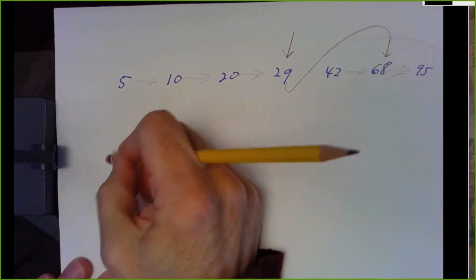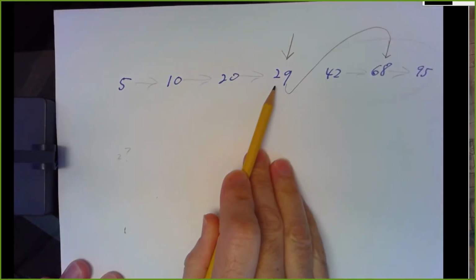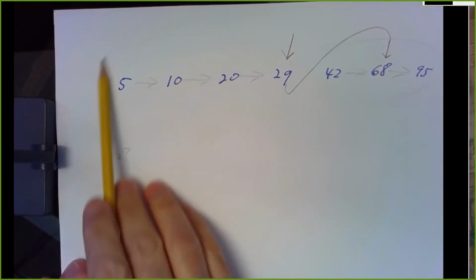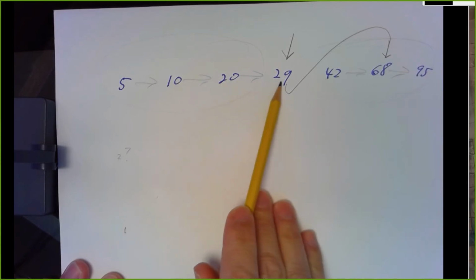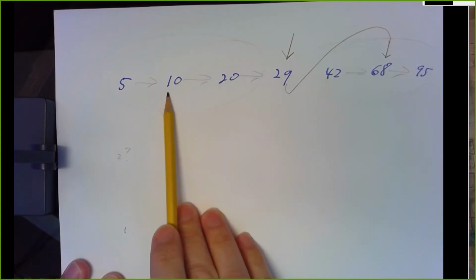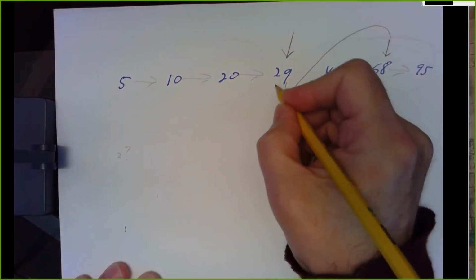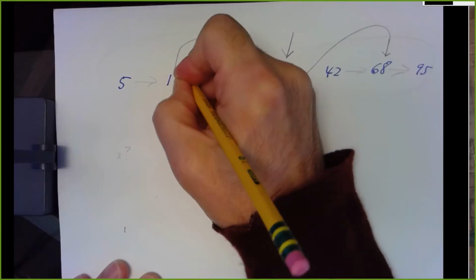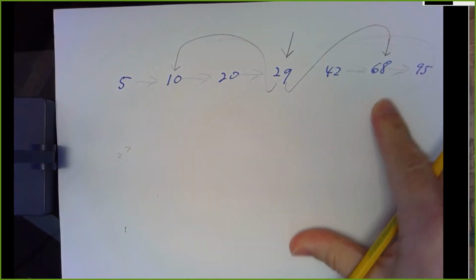Okay, well, suppose we were searching for a number smaller than this middle node. Suppose we were searching for 2. We'd need to look in this sublist, and we'd want to begin from the middle of that. So depending on how our number compares to 29, we might want to start from the middle of this list or the middle of that list. So we're going to use a pair of pointers. We're going to have a pointer that points to the middle of this list and a pointer that points to the middle of that one.